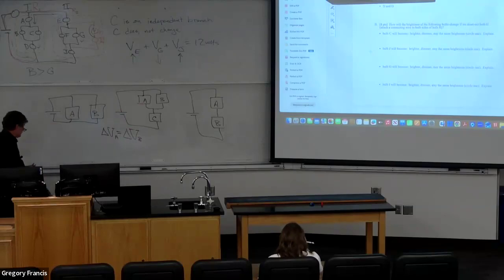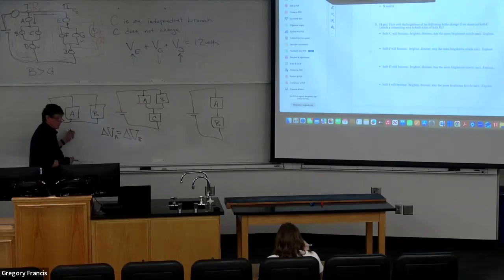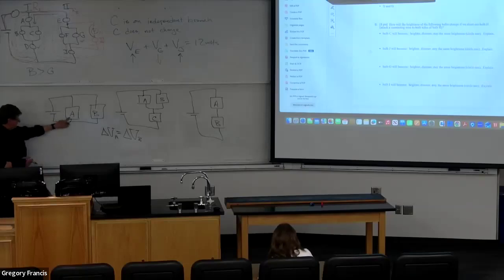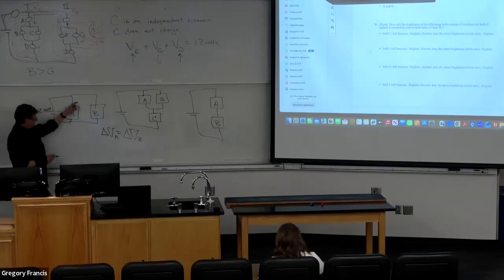If you're coming from the same starting point and the same ending point, you're going to come down the same number of elevation, the same meters. In this case, if this is a 12-volt battery, the voltage across A would be 12 volts, the voltage across B would be 12 volts.